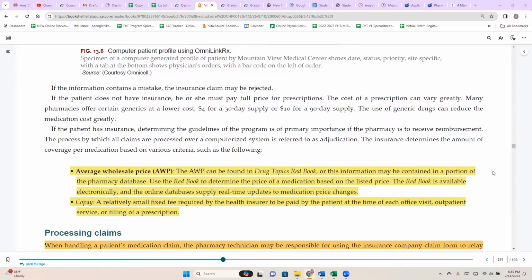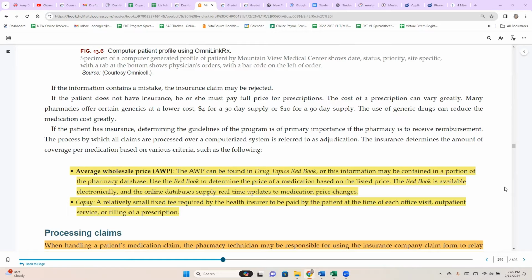If the patient has insurance, determining the guidelines of the program is of primary importance if the pharmacy is to receive reimbursement. The process by which all claims are processed over a computerized system is referred to as adjudication. The insurance determines the amount of coverage per medication based on various criteria, such as the following: average wholesale price, AWP, can be found in Drug Topics Red Book, or this information may be contained in a portion of the pharmacy database.